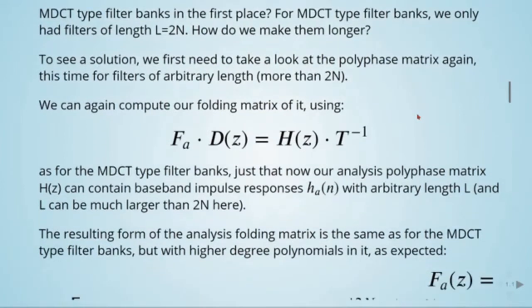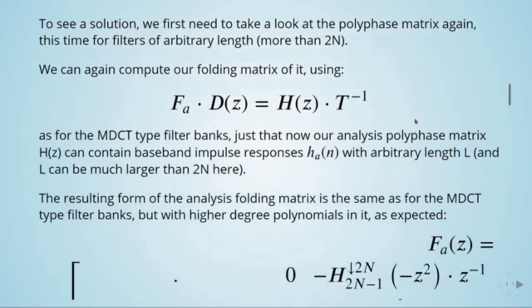We again compute our folding matrix using this equation here, so Fa times D(z) equals H(z) times T to the power of -1, as for the MDCT type filter banks, just that now our analysis polyphase matrix H(z) can contain baseband impulse responses h(n), with arbitrary length L, and L can be much larger than 2 times N here.